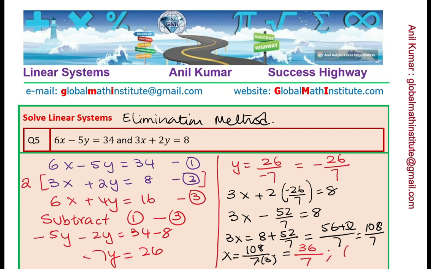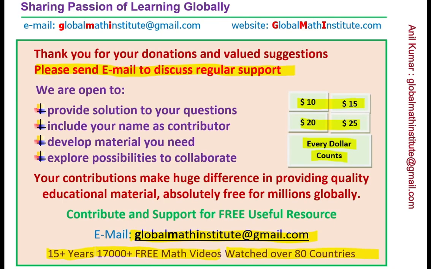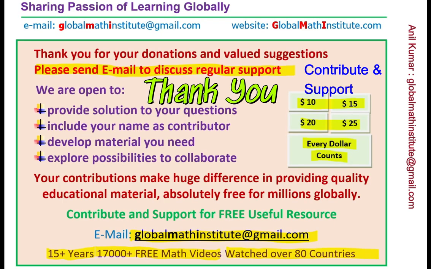And therefore, the solution now is x equals 36 over 7 and y being minus 26 over 7. Makes sense? So sometimes the answer could be very complicated. But anyway, we used the method of elimination to find our solution in this particular case. So I hope the steps are absolutely clear and you have understood how we solve these equations.